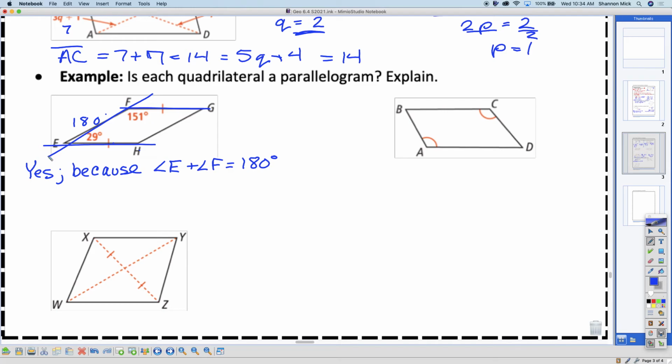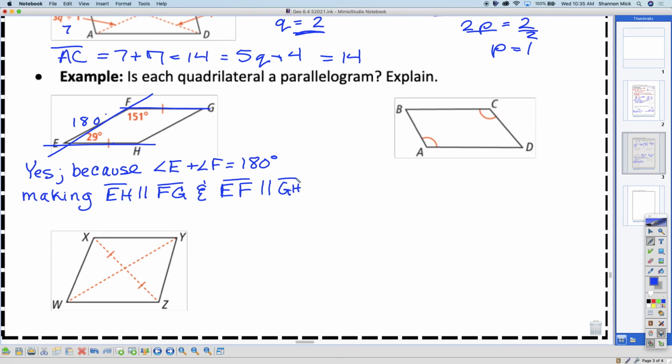So making EH parallel to what? FG. And EF parallel to what? GH. So I just used my rules, right? And so is it a parallelogram? Yes.